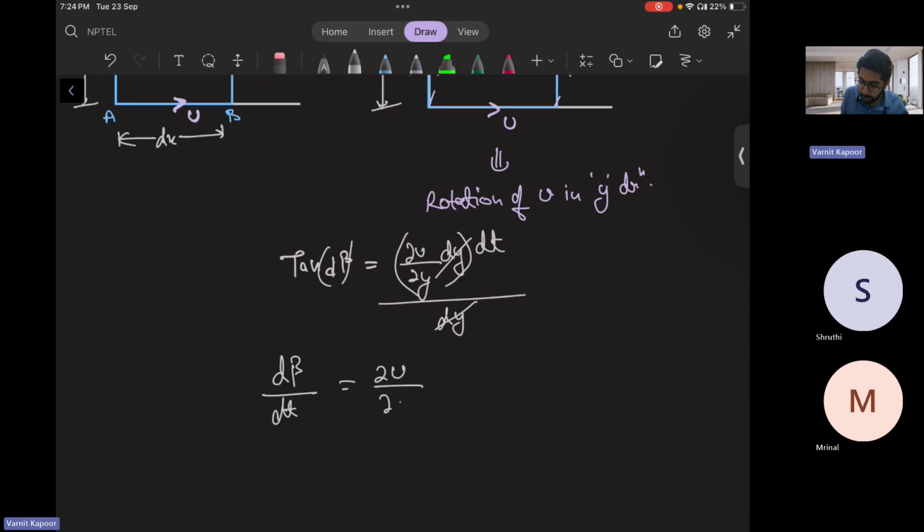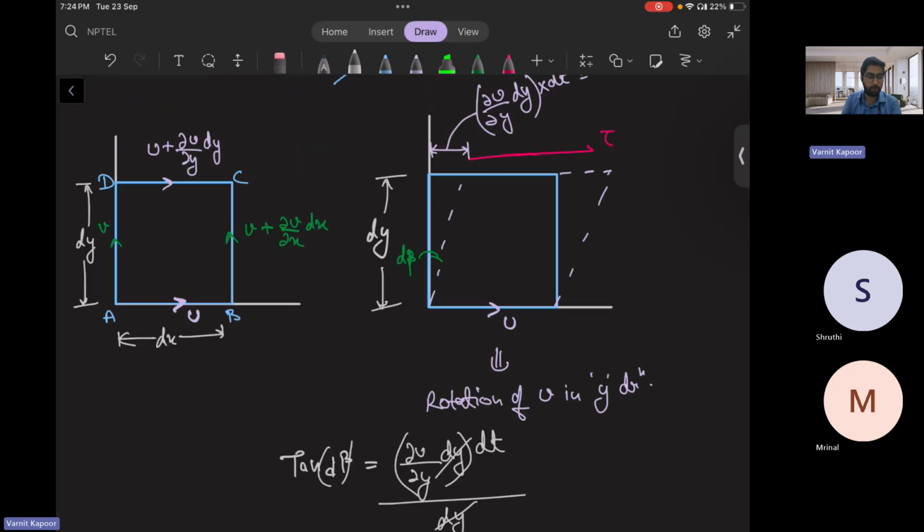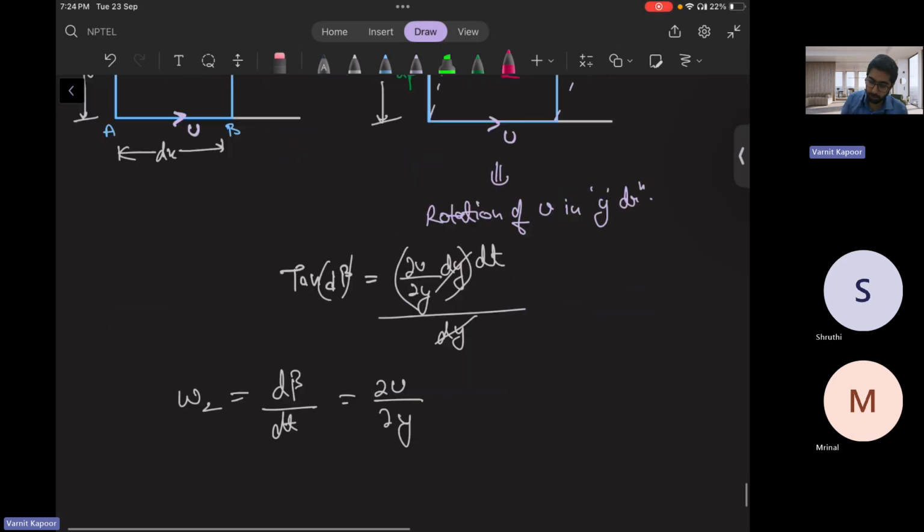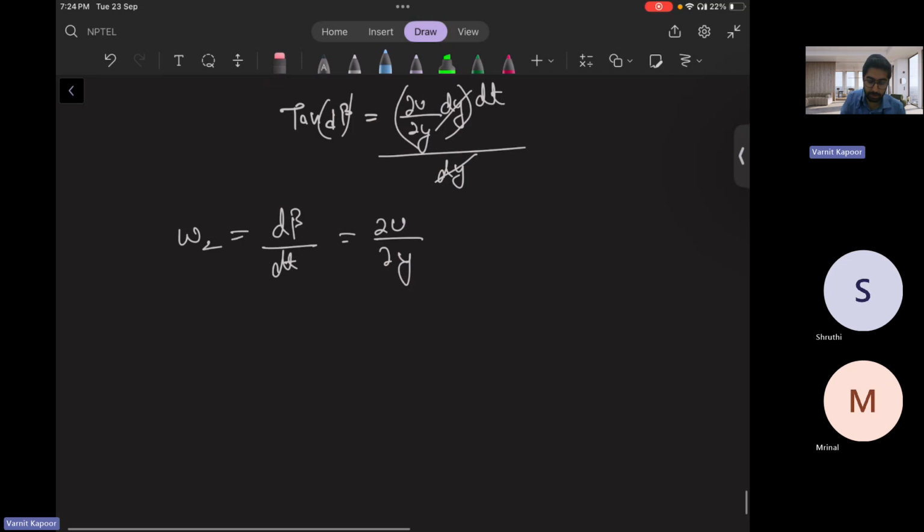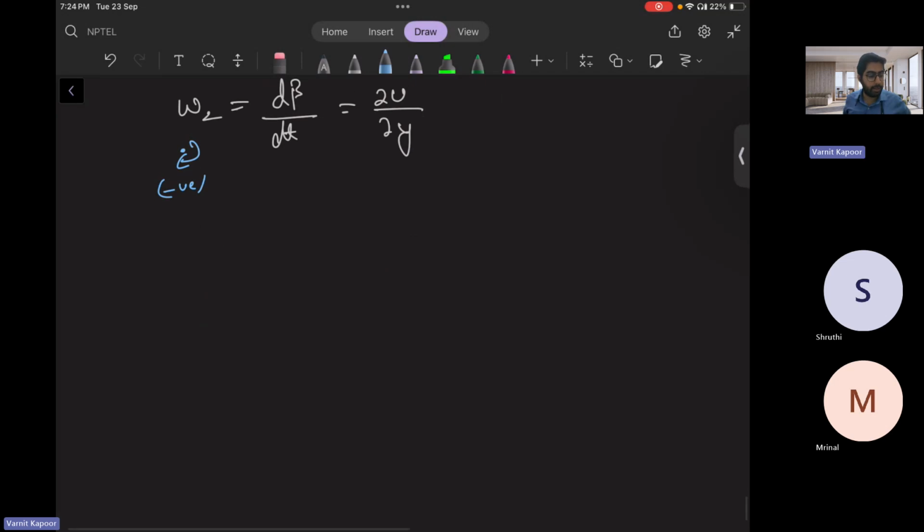We can also write it as, suppose, omega 2 for this in the x direction. If you observe, this is a clockwise rotation because of this. So a clockwise movement has happened. We assume that clockwise is negative.